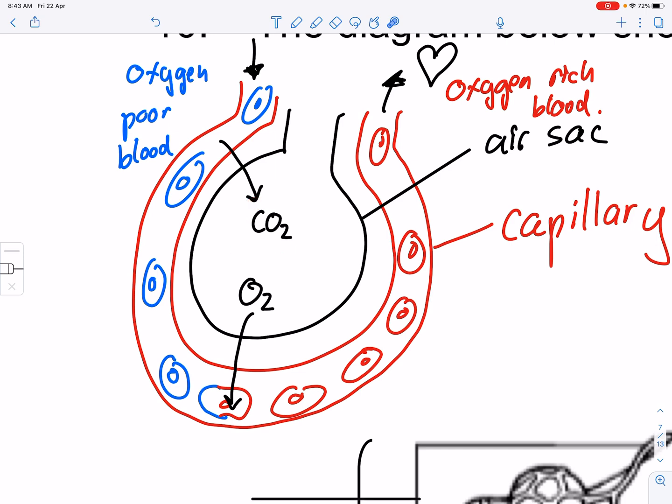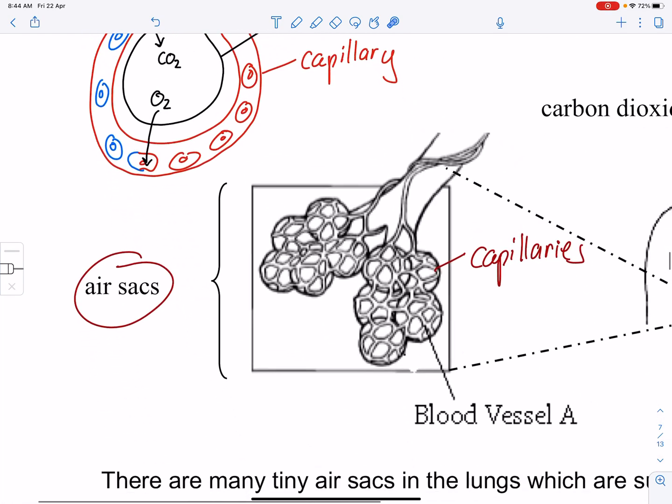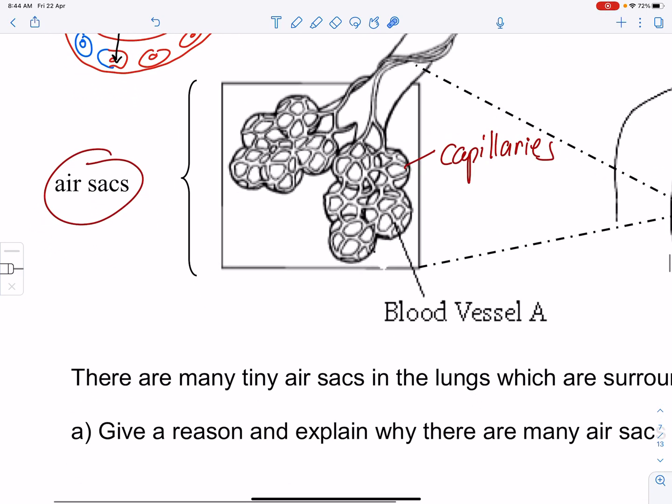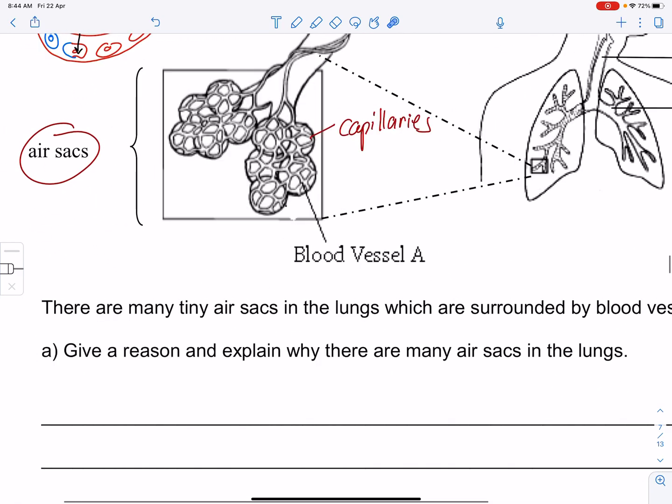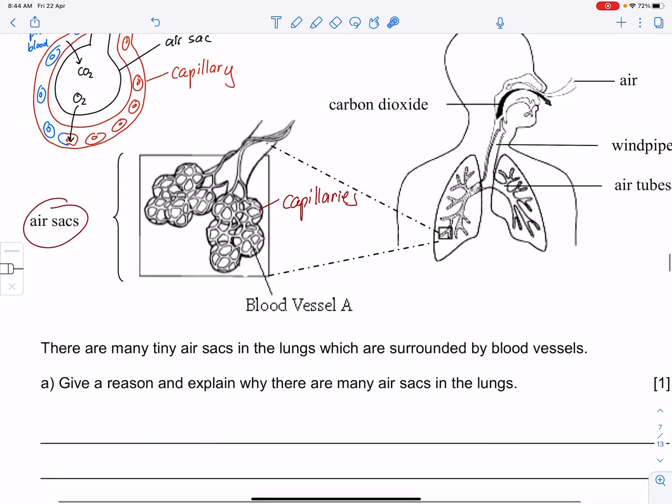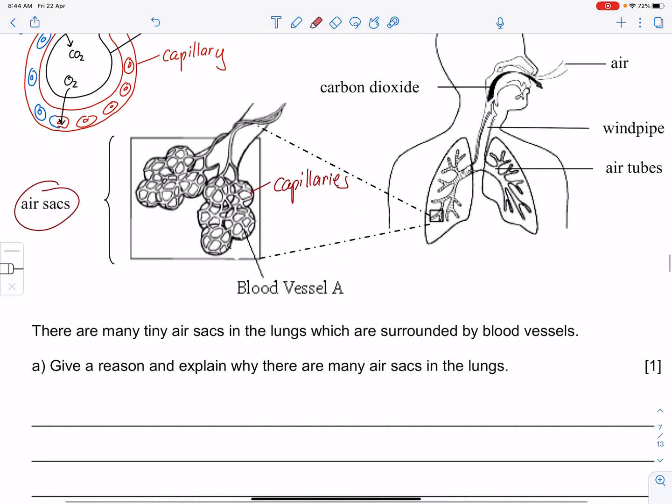How so? Remember, I told you blood is like Milo. It's a mixture. You've got Milo powder, water, milk, sugar inside your Milo. Same thing like blood. Carbon dioxide just gets dissolved in the water component, known as your plasma, the liquid part of it. So back to here. They ask you, why are there many tiny air sacs in the lungs which are surrounded by blood vessels?